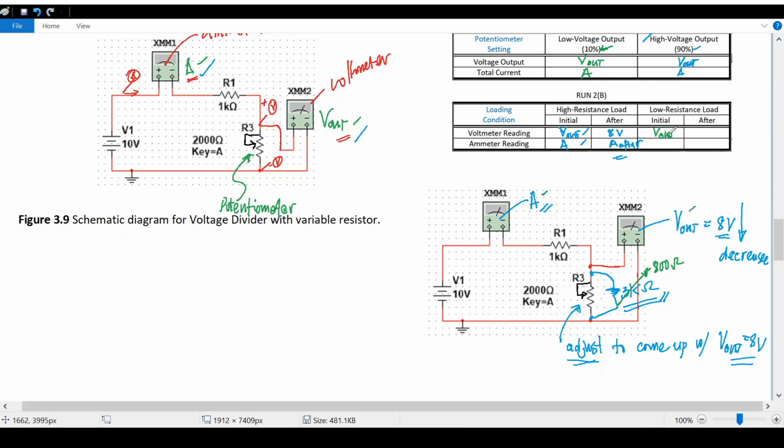So B out, record the B out, record the reading of the ammeter. Then next is adjust again so that the output would be 8 volts. So this would become 8 volts, and this is the current. This is after adjustment. So that's all for your experiment number 3.